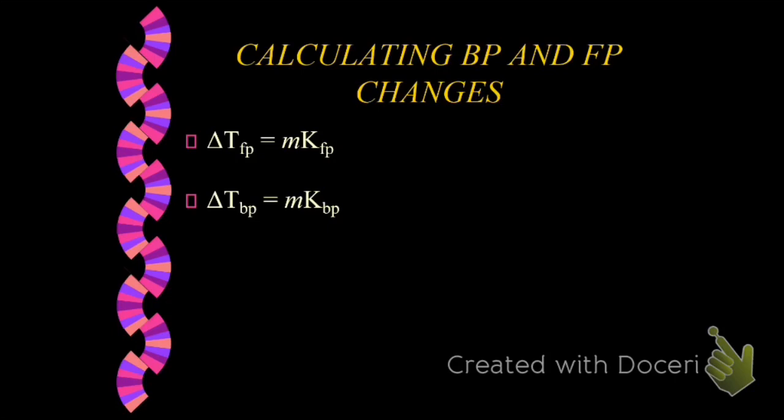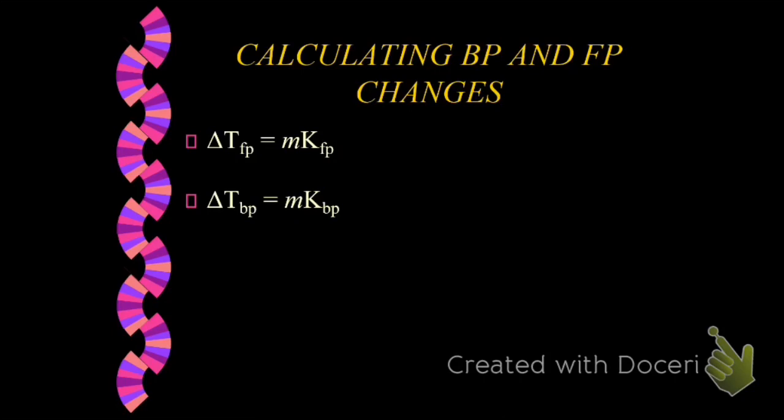For boiling point, again, we would measure the change in the boiling point. It is also equal to molality times a constant for the boiling point. The K is dependent upon the solvent. So I will look at a table and pick K, simply knowing what my solvent is. It is a different value if we're calculating the freezing point than if we are calculating the boiling point.